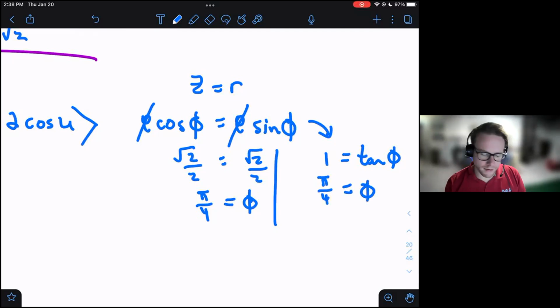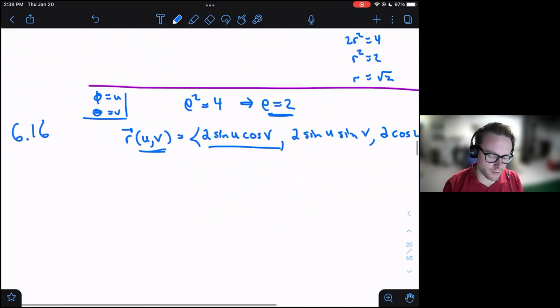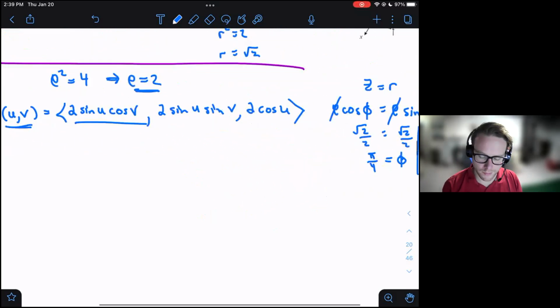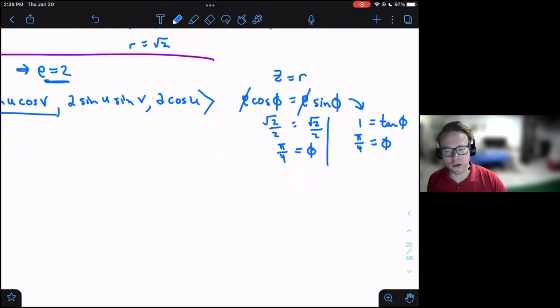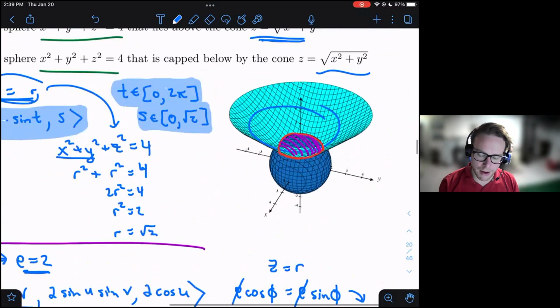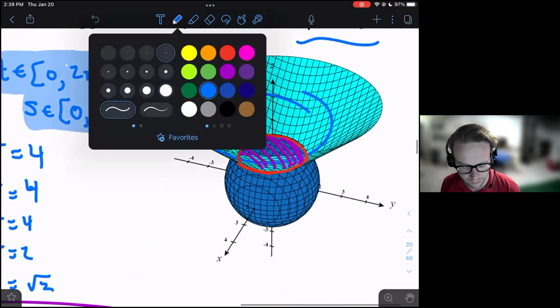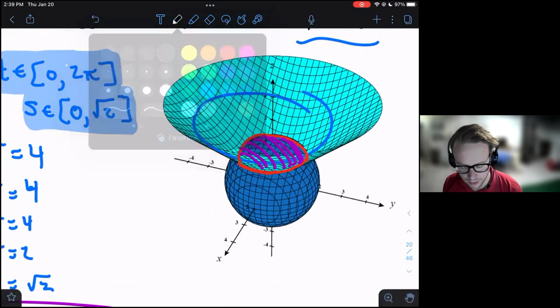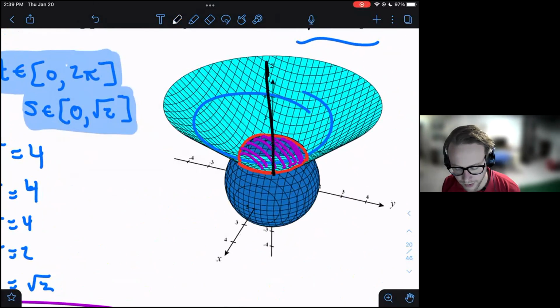Okay, so again, phi is taking the place of our u's. So at pi over 4, this is where we actually hit the cone. Think about how phi acts here for a minute. Let's use black. Phi comes off the positive z-axis and it goes down, down, down.